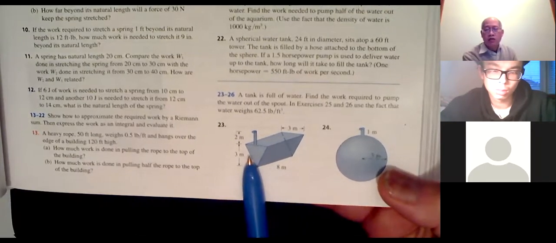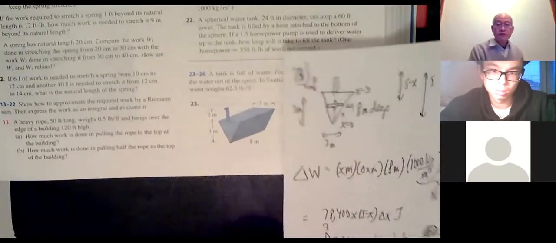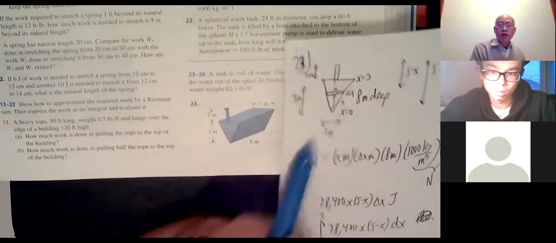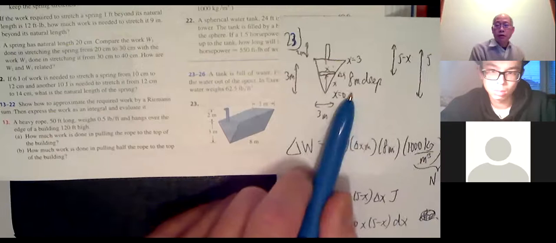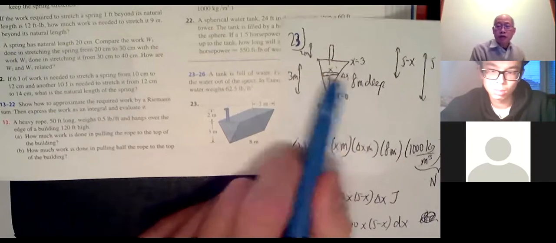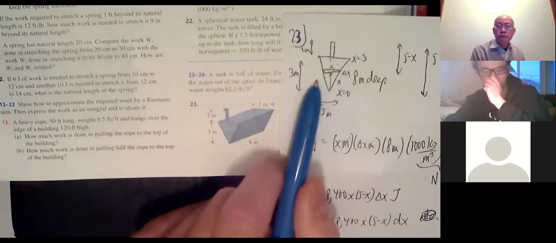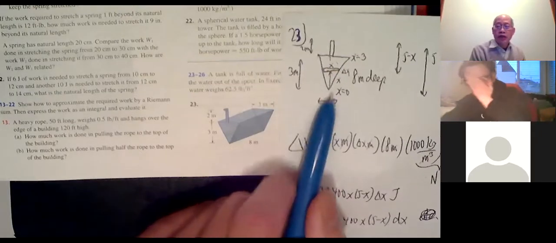Now, I can't draw, so all I'm going to show you is the front. I can't draw, but I know it's 8 meters deep. So this triangle here is this triangle, and there's the top of the spout. That's as much as I want to draw, and it goes 8 meters deep.